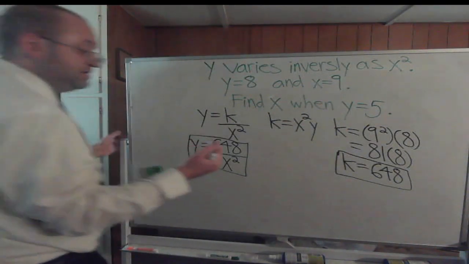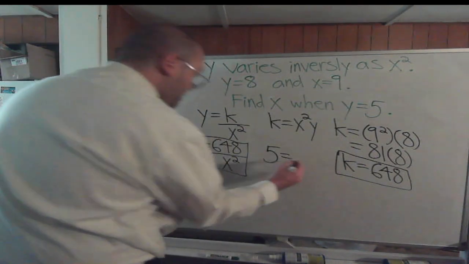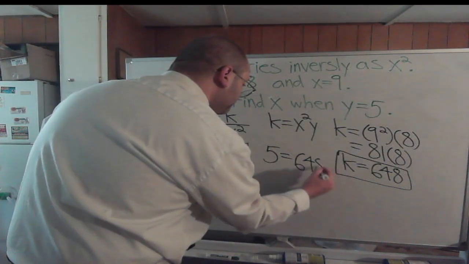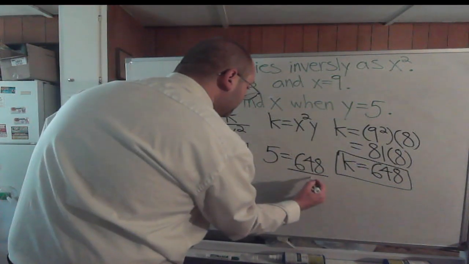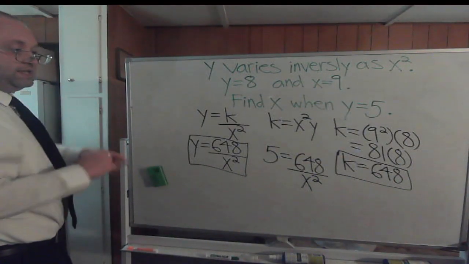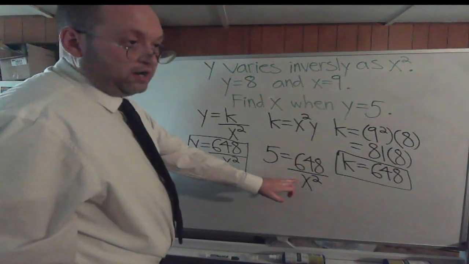So this time they give you y equals 5, so you'll put in 5 for where y is. That'll equal 648 divided by x squared. We don't know what the x is, but we ultimately want to get x squared by itself.